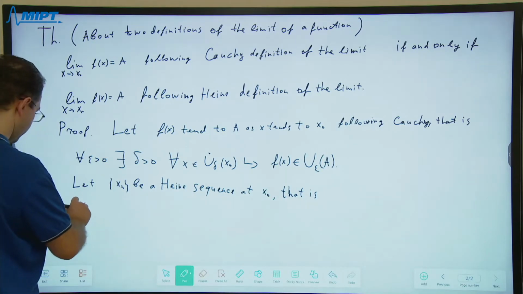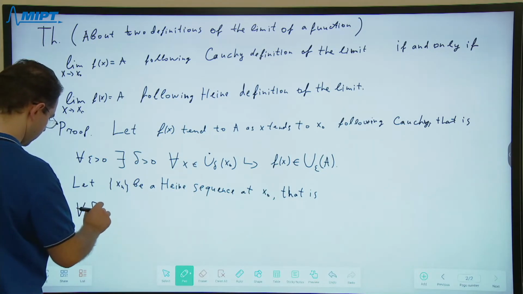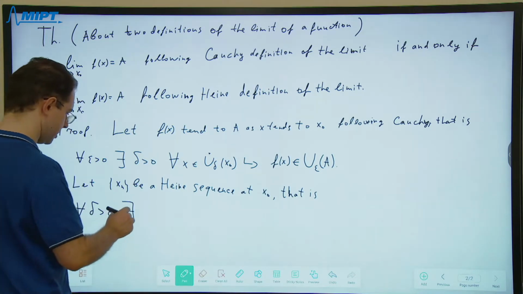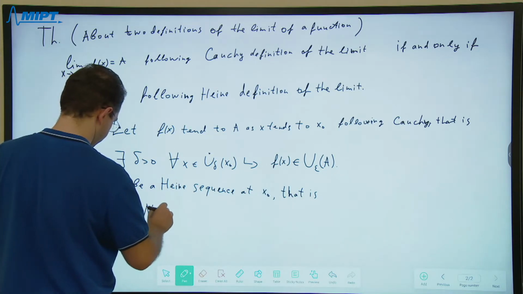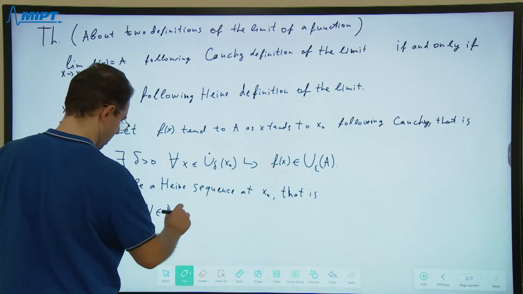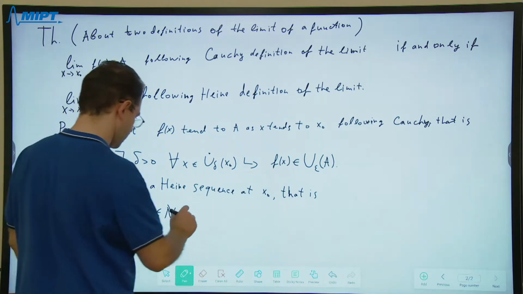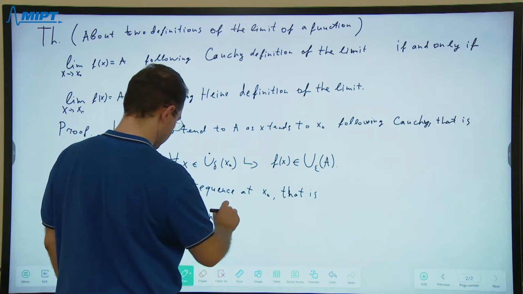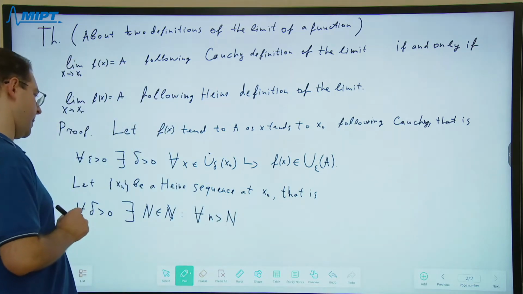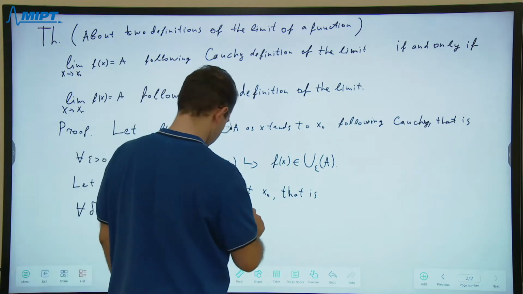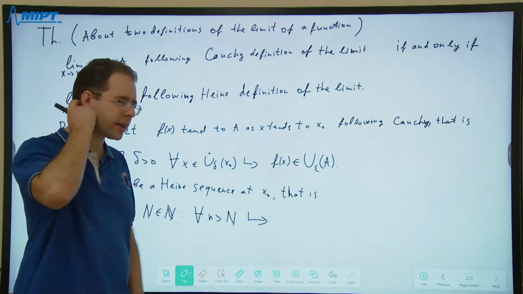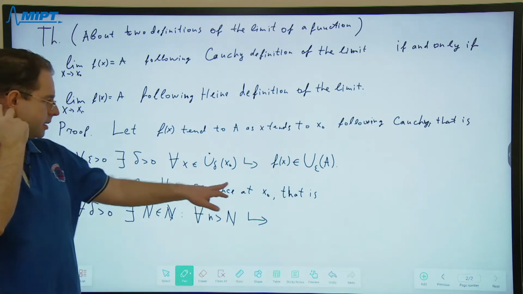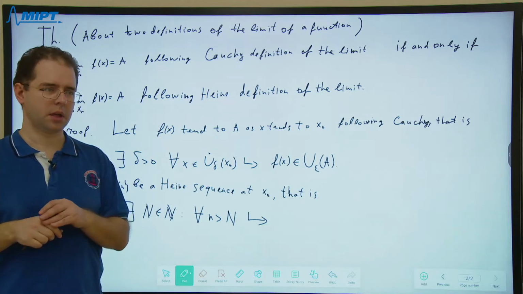So I'm writing down for a delta greater than 0, there exists capital N such that for any n greater than capital N, it follows that, usually we would write xn minus x0 less than delta.